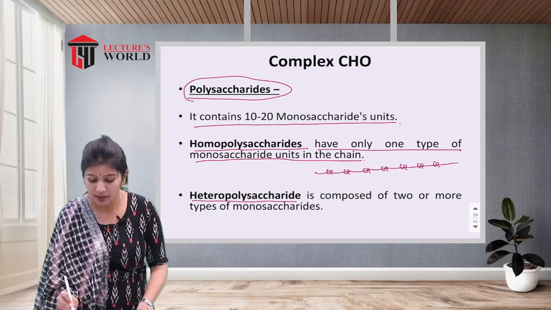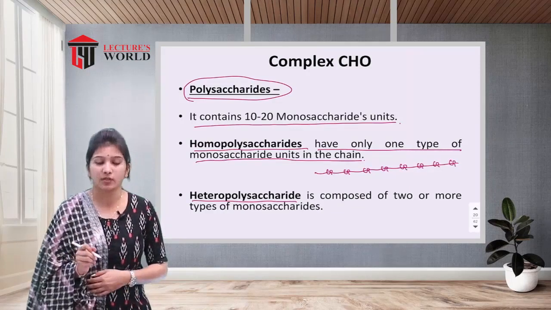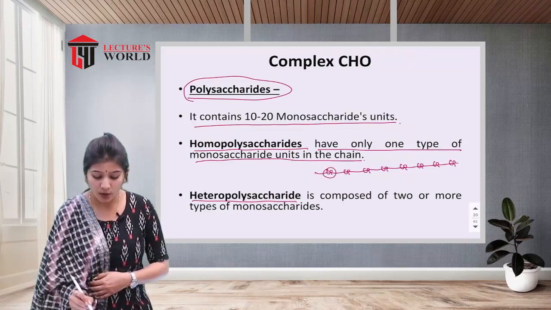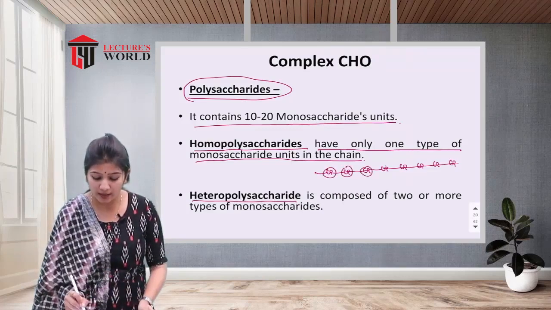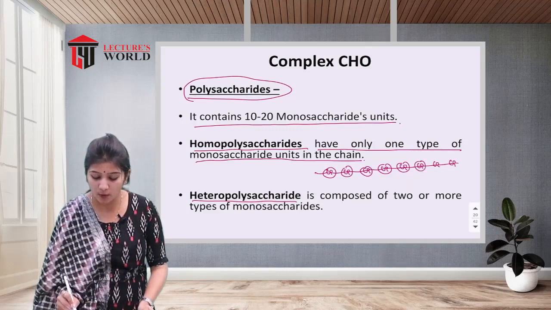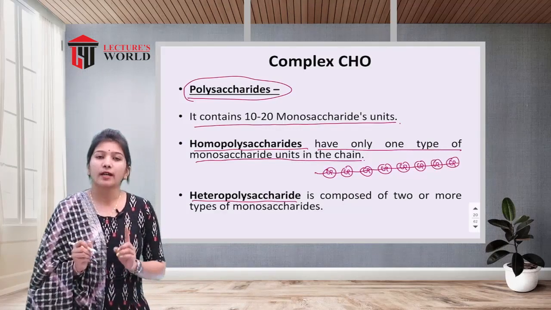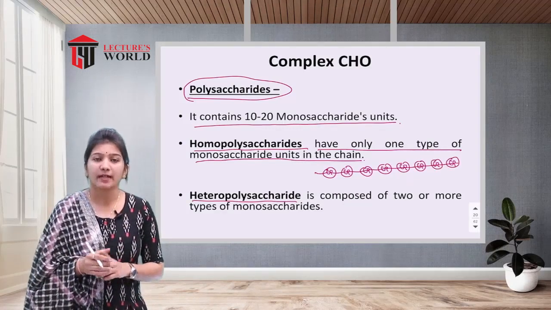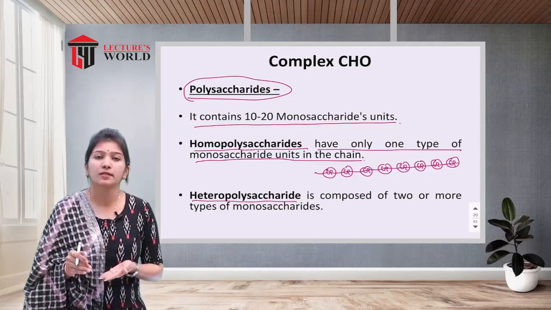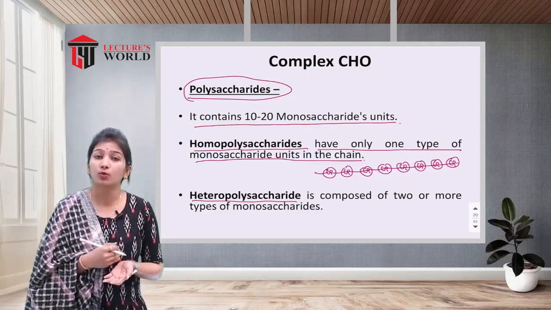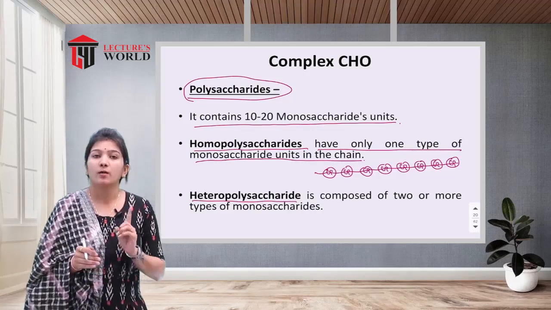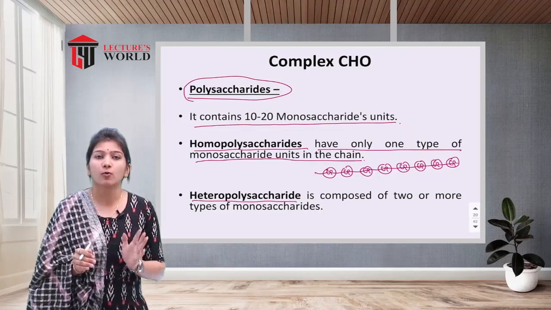The chain is made up of only one type of monosaccharide. Glucose is a type of monosaccharide. Either it will be made up of glucose, or of fructose, but only one monosaccharide should be there in homopolysaccharides.